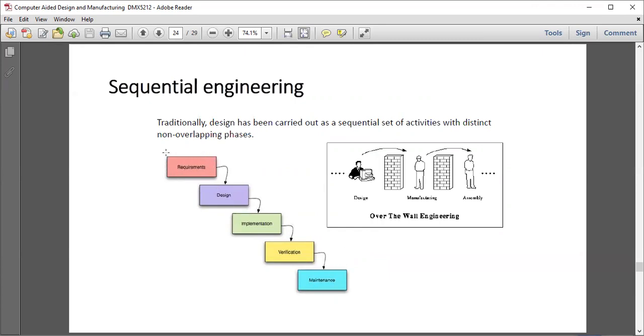The research team will identify the requirement, the designing team will design, the engineering team will manufacture, another team will do the product verification, and another team will do maintenance and quality control, likewise. So it's done step by step, and this takes time in sequential engineering to design and manufacture a product.